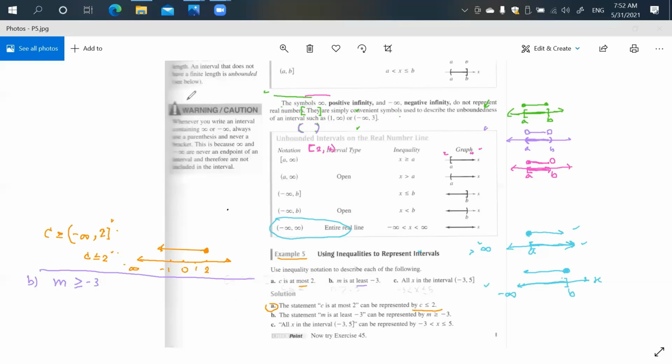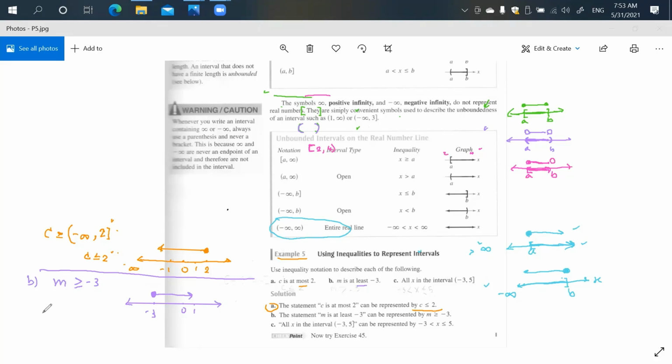If you plot the graph on the number line, for example, this is 0 right here, 1 right here, and about here you write -3. When it is at least -3, that means -3 is included. So when you plot the graph, you use a black dot, and for greater than, you use the arrow like this. This graph represents question B.